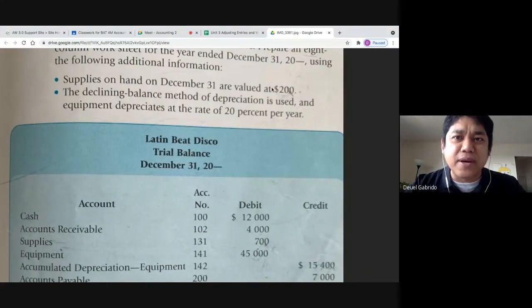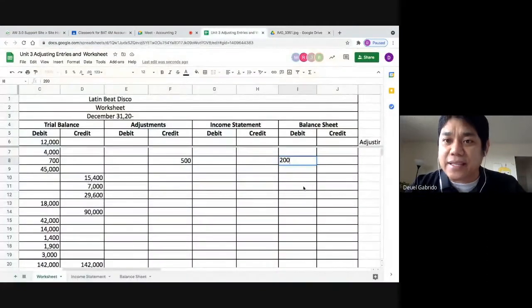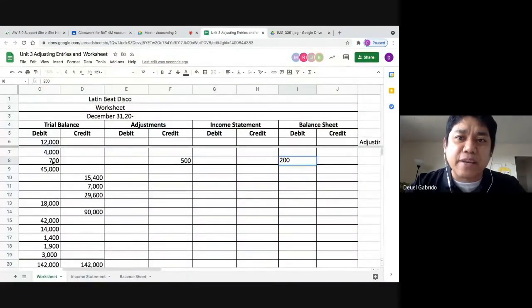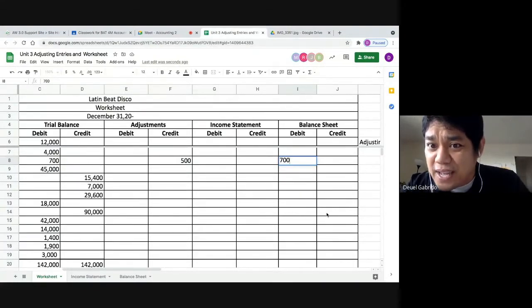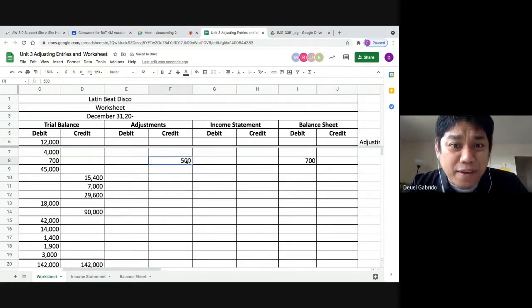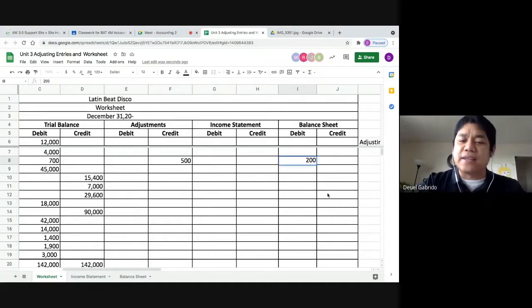This number, the 200, must be the number that appears on the balance sheet. If we still put 700 there, it will be wrong, because assets will be too much. Remember, you used 500 of that. That's why it is only 200 here. Do you understand that?